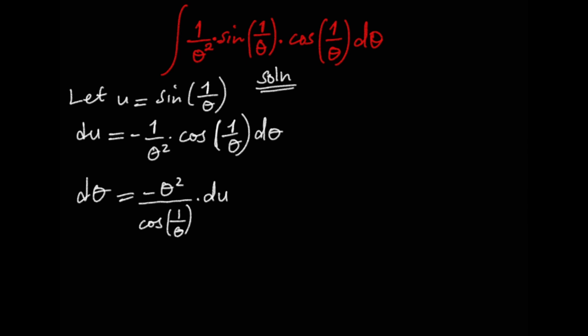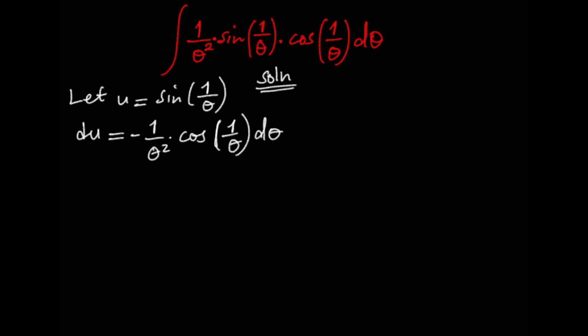Then from here, let's substitute into our function. Or, without doing this step, you can also just substitute directly. In fact, let's use that method, which is going to make our work easier.